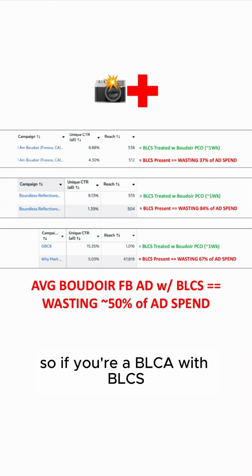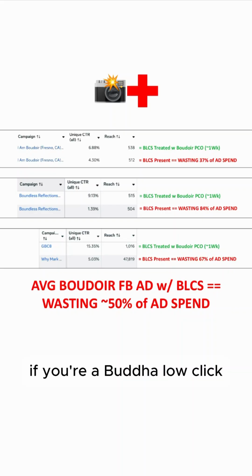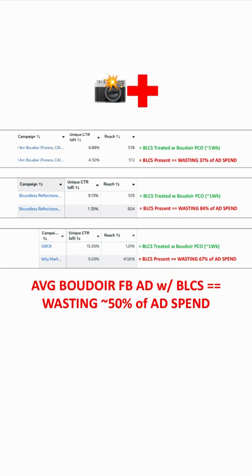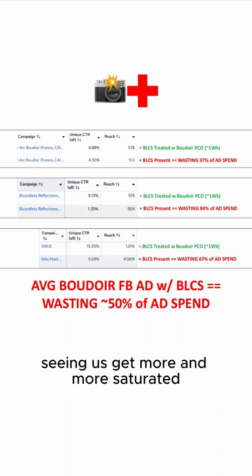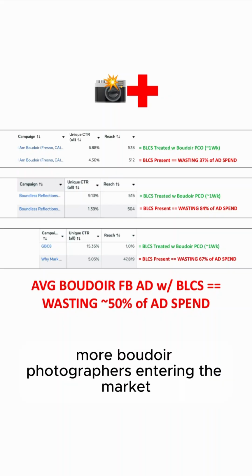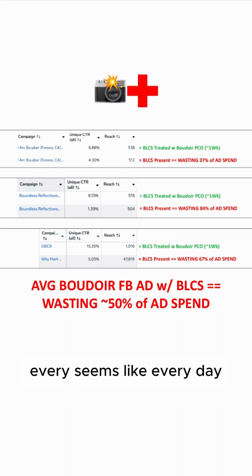So if you're a BLCA with BLCS, if you're a Boudoir low click advertiser with Boudoir low click syndrome, and you're spending more than 10 grand a month on Boudoir Facebook ads, and you're looking at the marketplace, seeing it's getting more and more saturated. More boudoir photographers are entering the market seemingly every day.